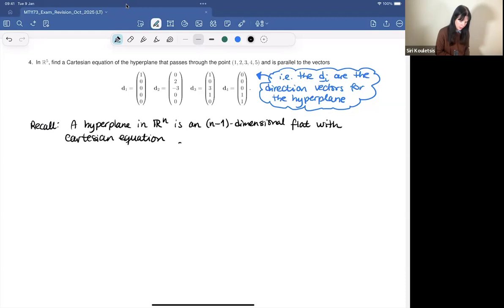It's given by the following. A general vector x dotted with a normal to the hyperplane equals a position vector, or point, if you like, on the hyperplane dotted with a normal to the hyperplane.